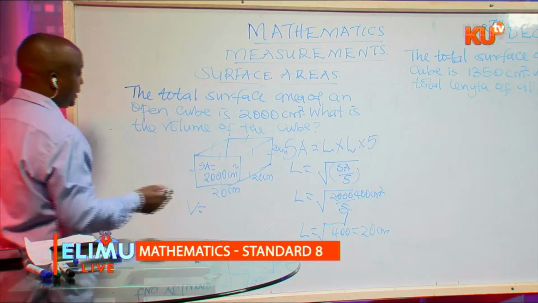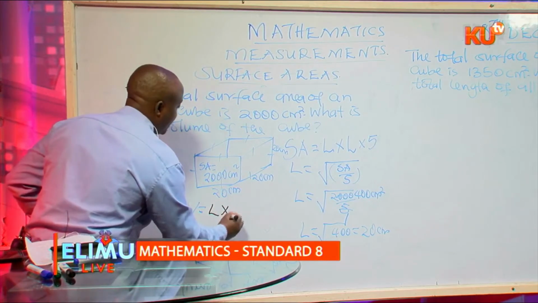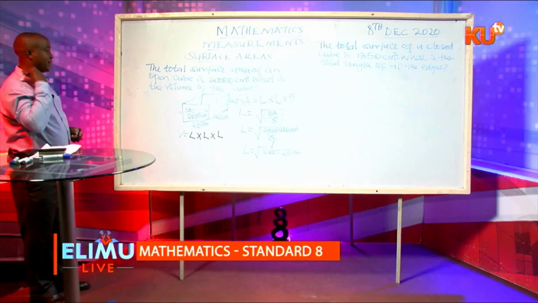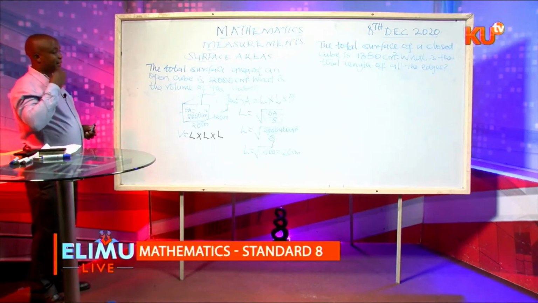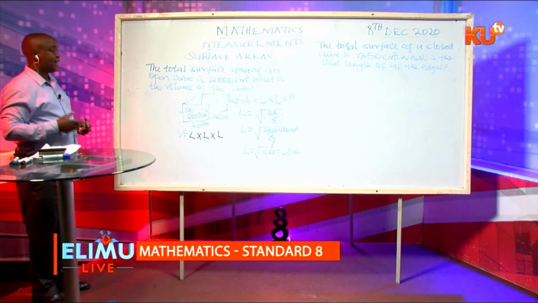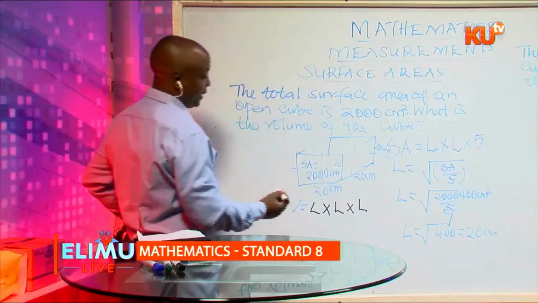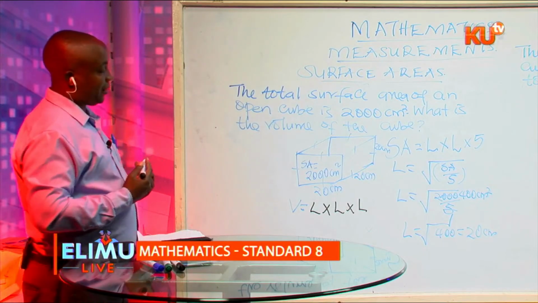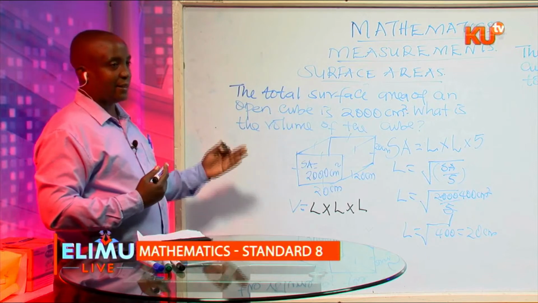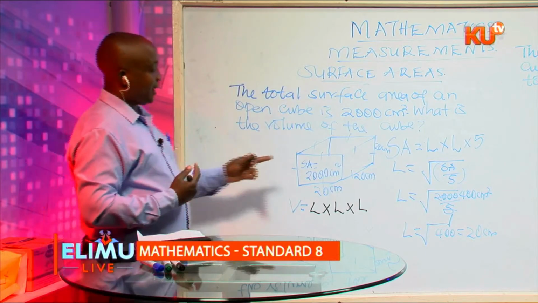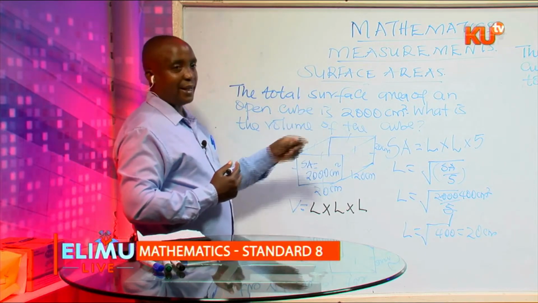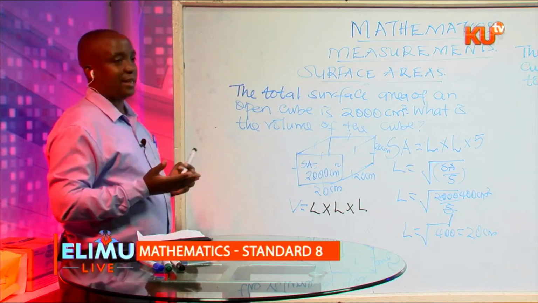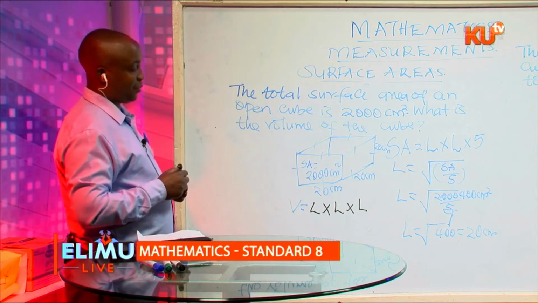So to get the volume, the volume of a cube is length times length times length. Why do we say length times length times length? Simply because you have said it has 12 edges and all the edges are equal. So instead of the way we work out for the cuboid, where we say it is length times width times height, the length and the width and the height are equal, and they are all equal because we have said all the edges of a cube are equal.